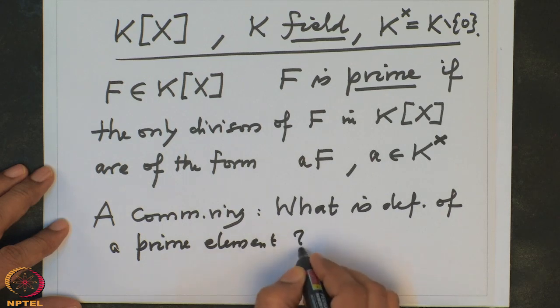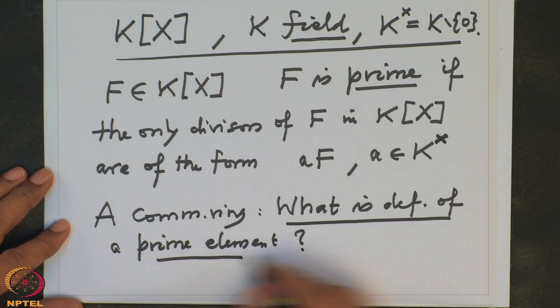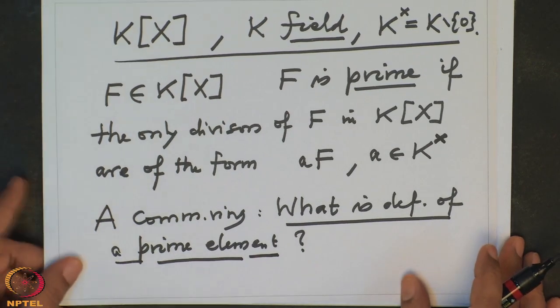I am just raising this question here so that next time you will be better prepared. Please think about it: what should be the right definition of a prime element in a general ring? Okay, so we will continue after the break.